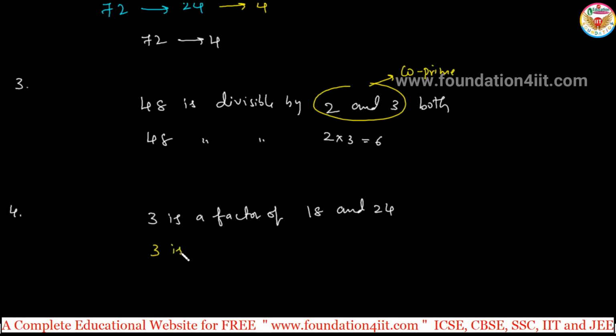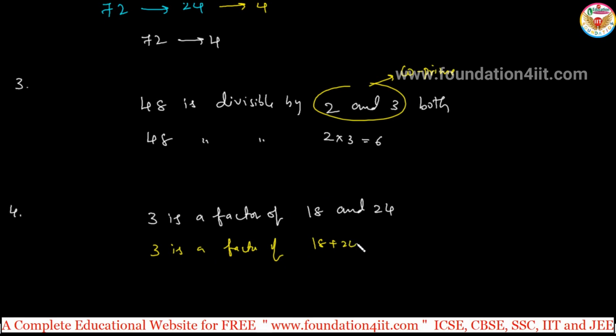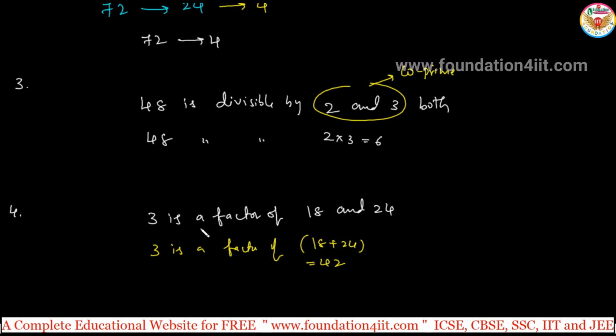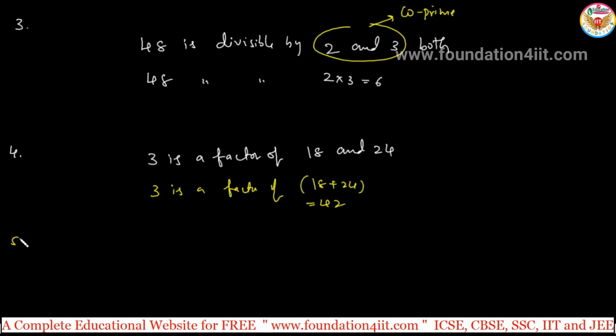That means 3 is a factor of the sum of these two numbers, 18 plus 24, that is 42. So 3 is a factor of 42. So if a number is a factor of each of the two given numbers, then it is a factor of their sum, addition, right?